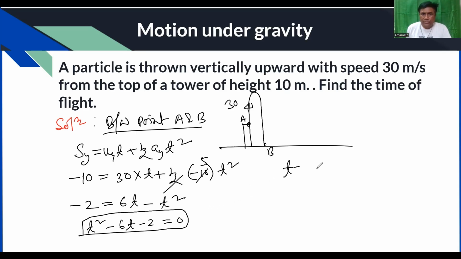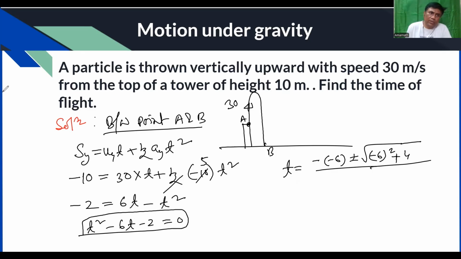After that, T equals minus B, here B is minus 6, so minus of minus 6 plus minus root of B square minus 4AC, sorry, minus 4AC according to the formula. 4AC is minus 2 only, by 2 into 1.